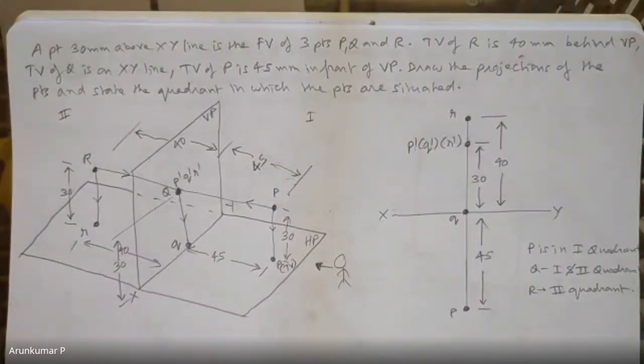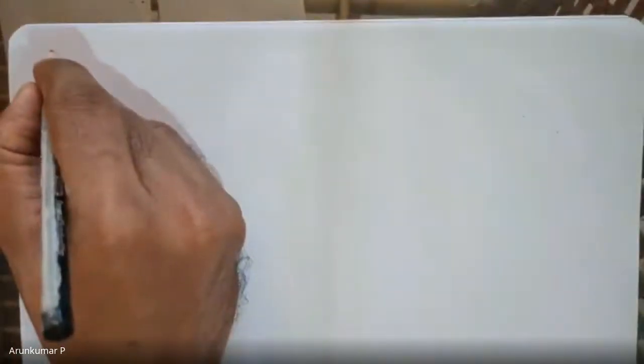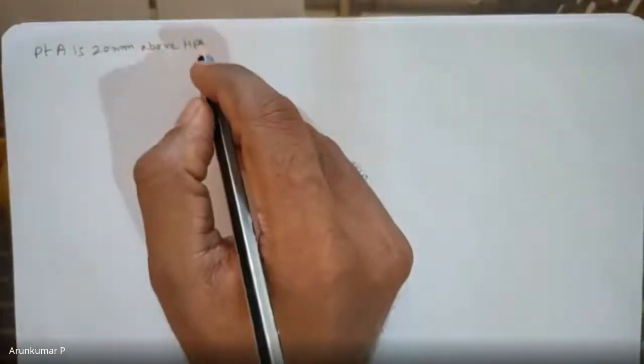So the statement of the problem goes like this. A point A is 20 mm above HP and in the first quadrant.